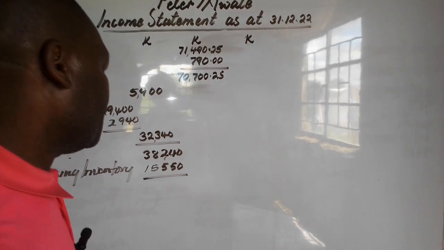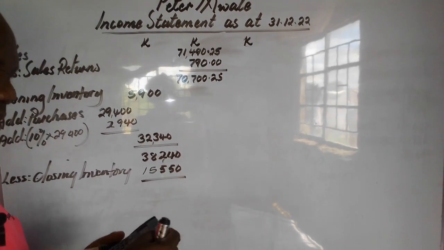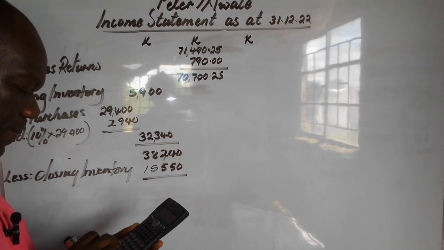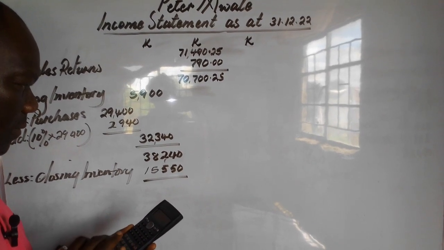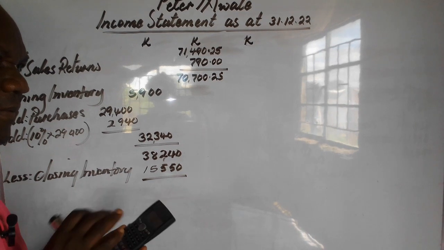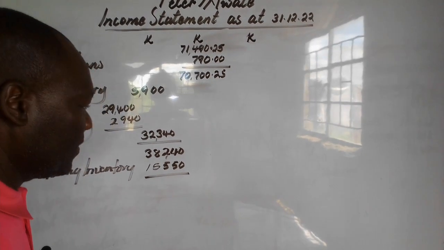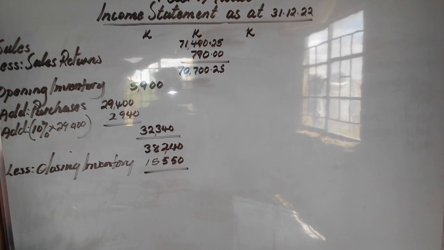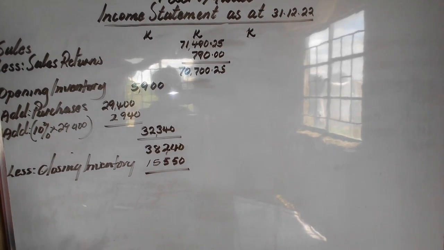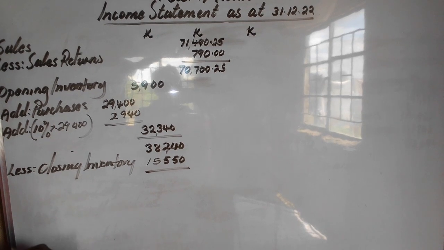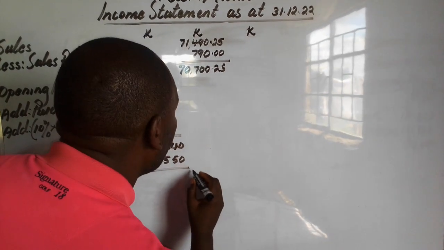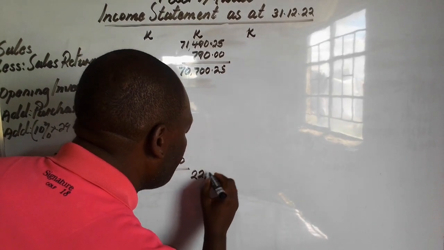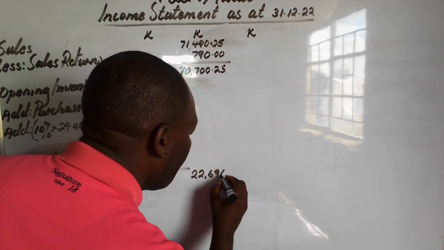Okay, let us do our working there. So I've gotten 22,690. So this will be the cost of sales. It comes direct here, 22,690.